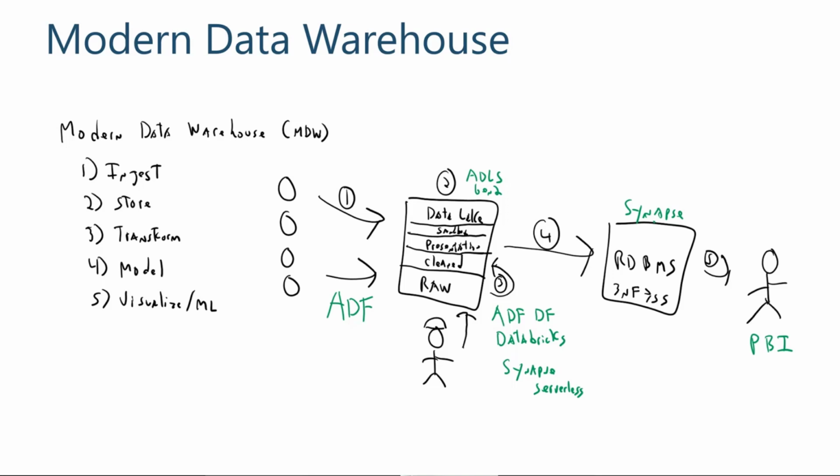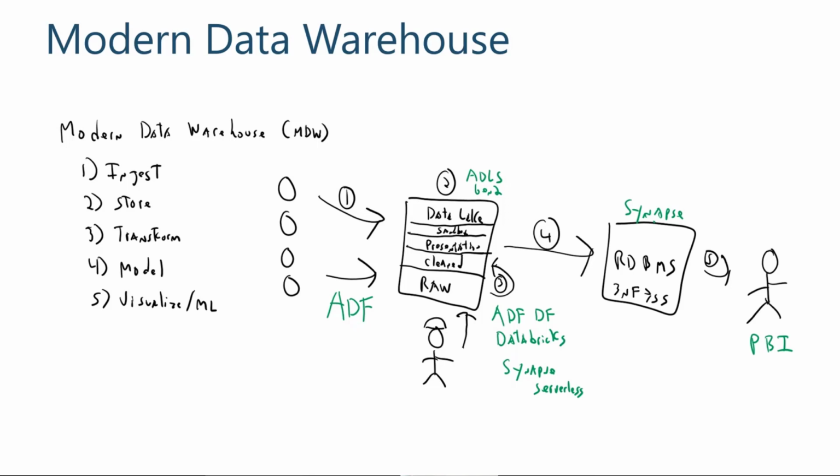That's where the transforms come in at step 3. In green here, you'll see some of the products you can use for that, like Azure Data Factory, Data Flows, Databricks, or Synapse Serverless. Then you transform it and put it into a clean layer, and then you can do other things to it: aggregate it, join it, and have a presentation layer, even a sandbox layer with a copy of the data.